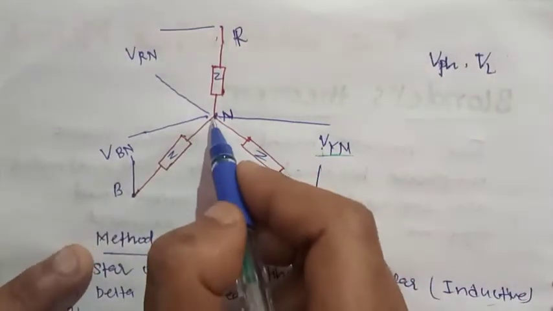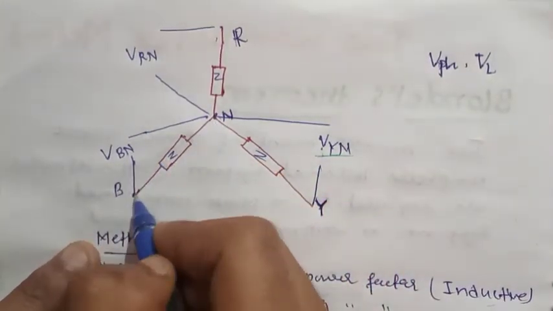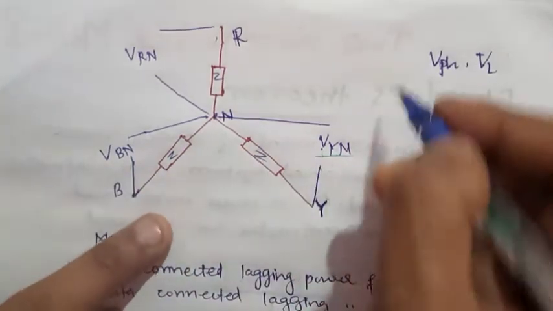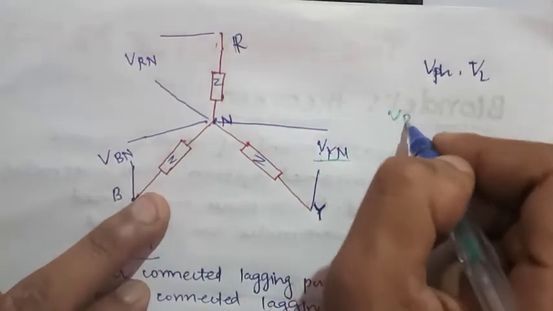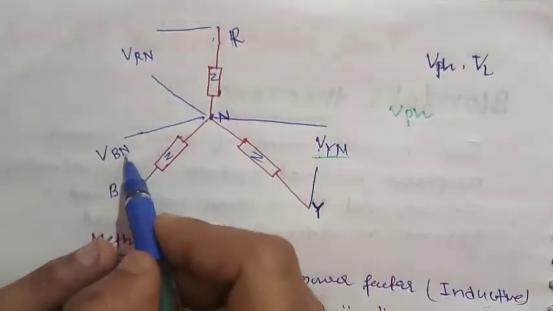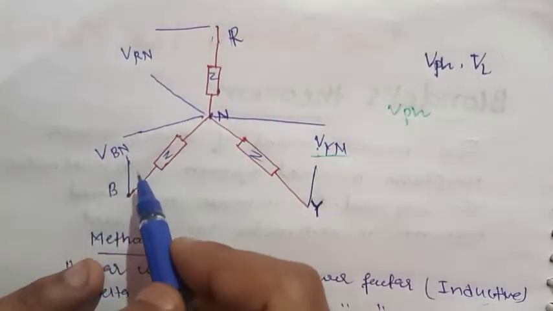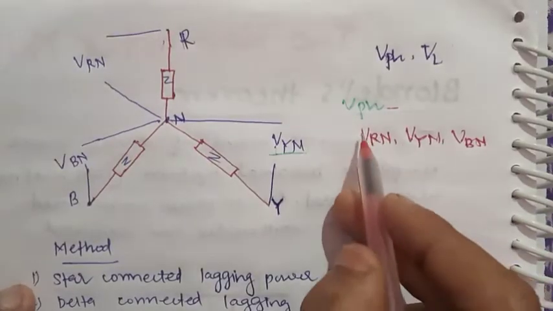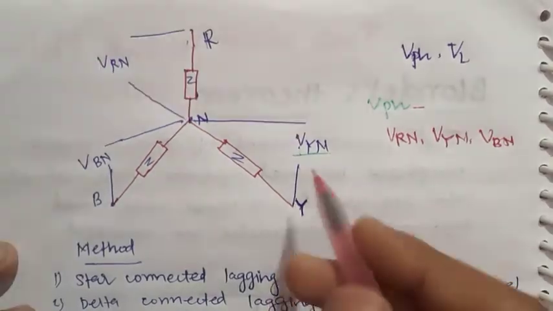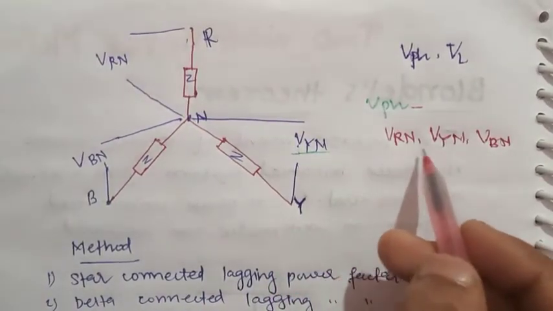And similarly the voltage between point B and N is called VBN. This is phase voltage: VRN, VYN and VBN. We can define phase voltage as the potential between the neutral point and any line.